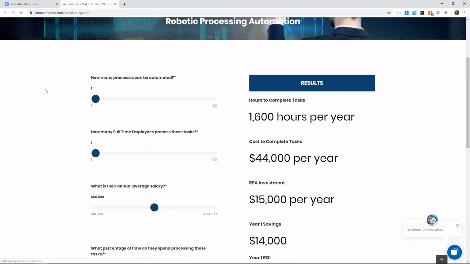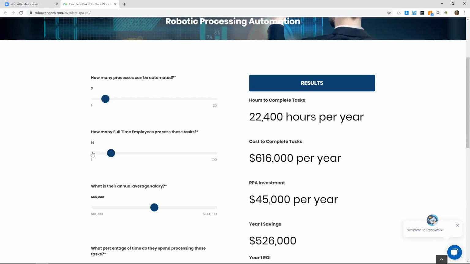And a lot of partners and RPA companies, such as RoboWorks, will help you create a customized ROI. So it's basically based on the number of processes that can be automated. And by the way, one robot can handle many, many processes. Don't think that one robot equals one process, because it doesn't work that way at all.